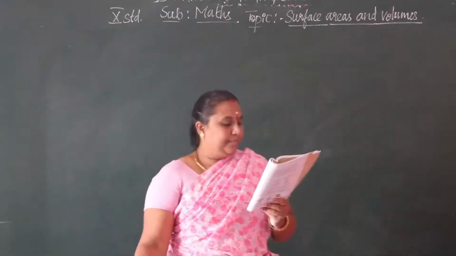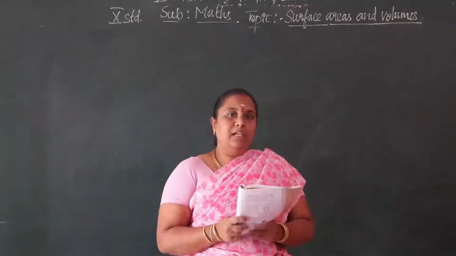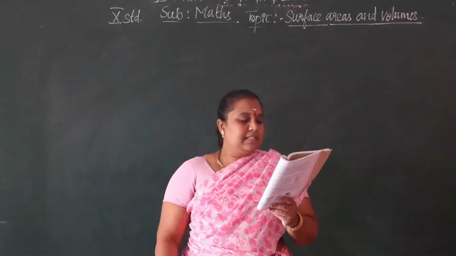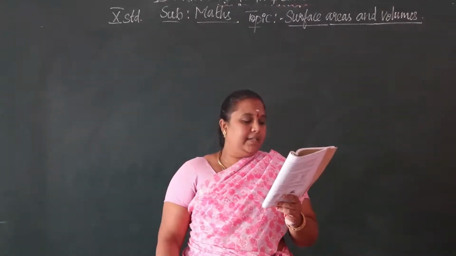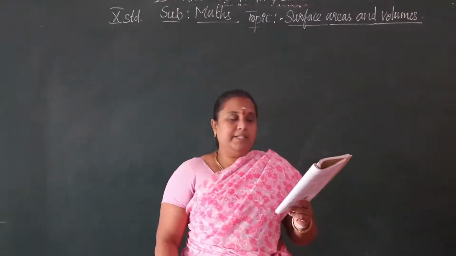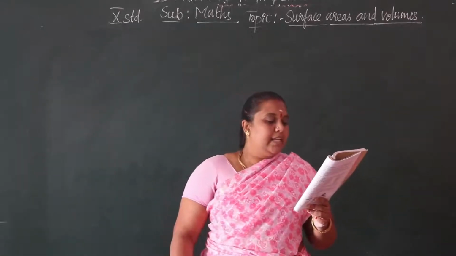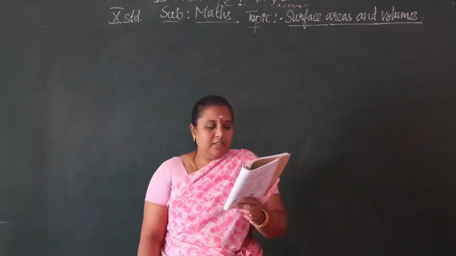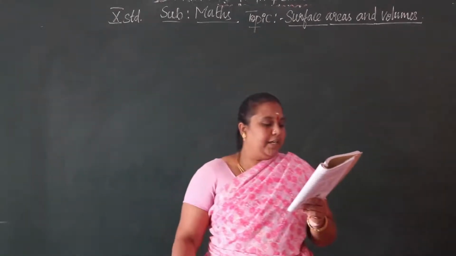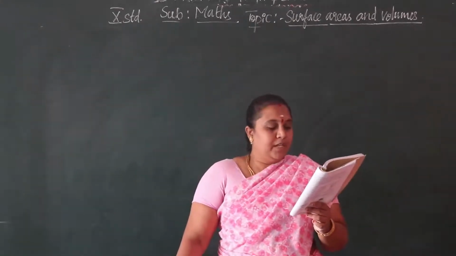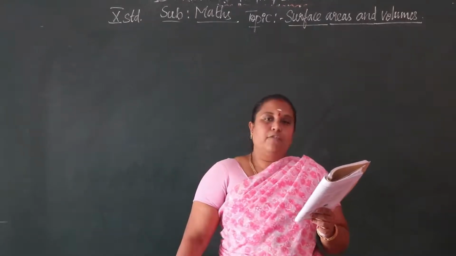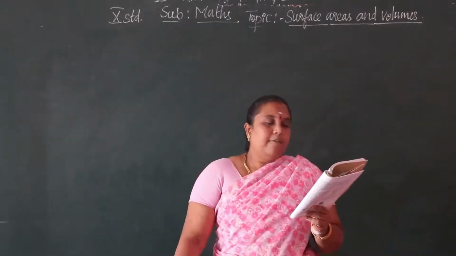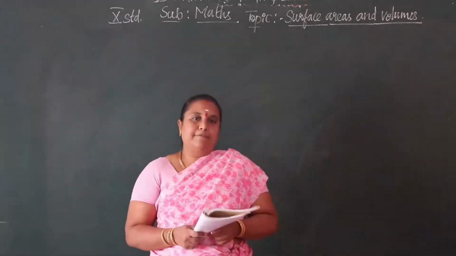A 20-meter deep well with diameter 7 meter is dug, and the earth from digging is evenly spread out to form a platform 22 meter by 14 meter. Find the height of the platform.